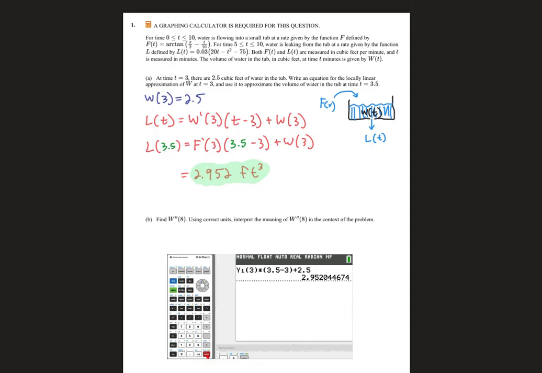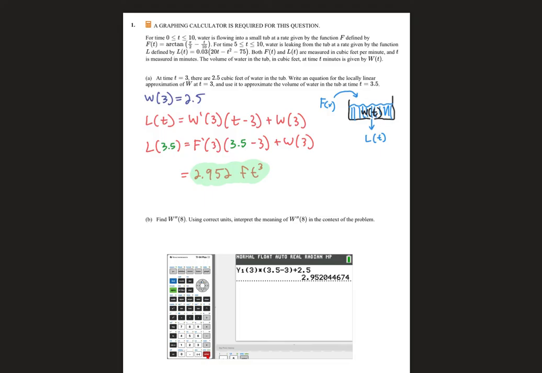Okay, so first thing is that w prime, if we think about just the first derivative of w, represents the rate that the volume of water in the tub is changing, right?